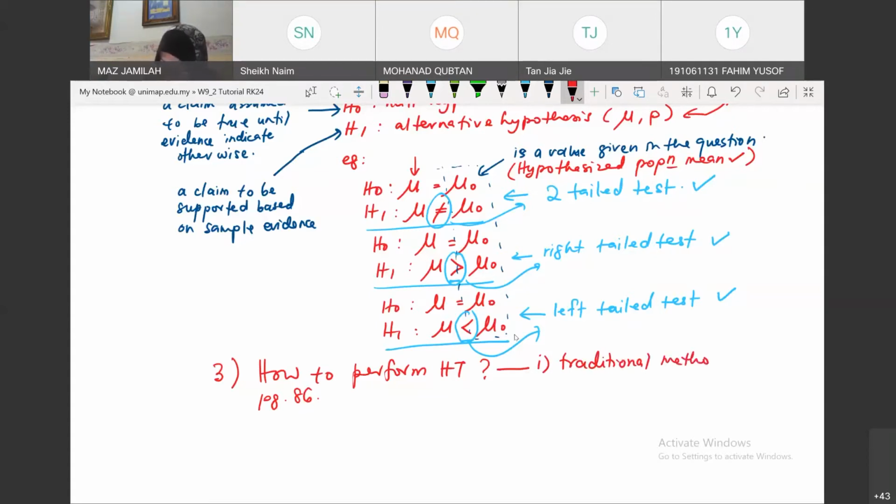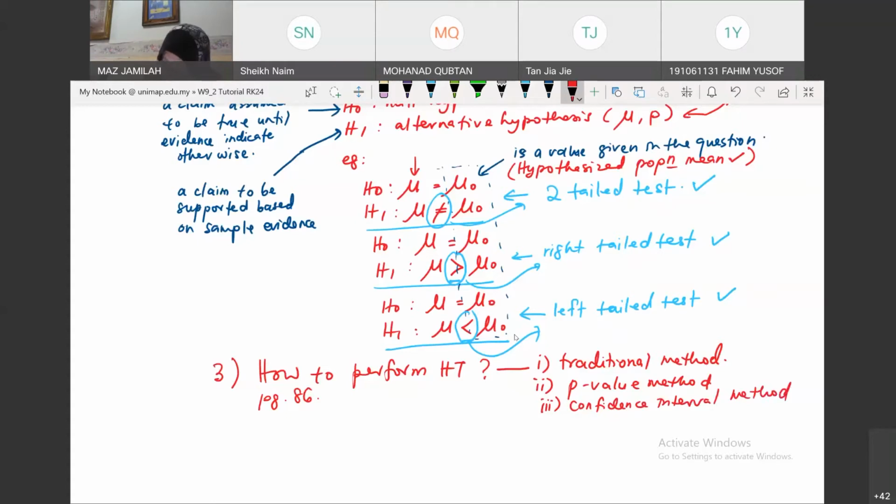The second one is the p-value method. And the third one is the confidence interval method.